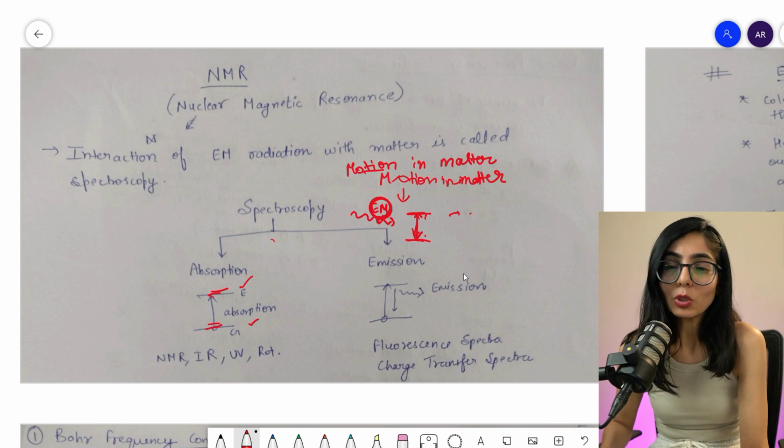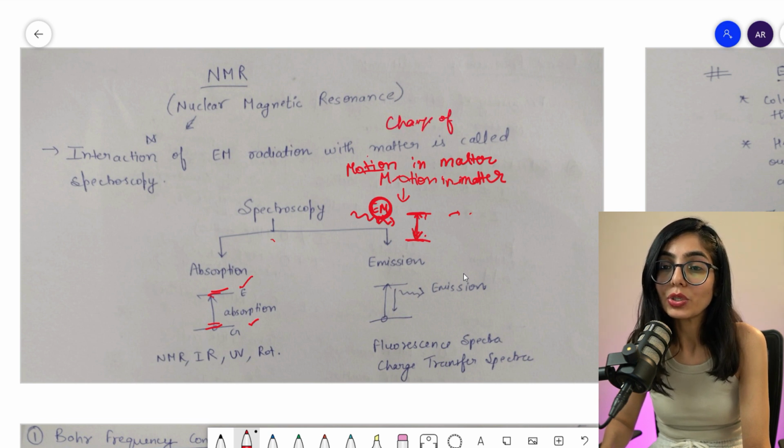So jokes apart, why does motion in matter happen? Basically it happens because there is a change of spin of electron in matter. Due to that, motion happens, and due to motion, energy levels are created. And when we put a frequency equal to this gap, the excited state, ground state difference energy, we'll get a signal.